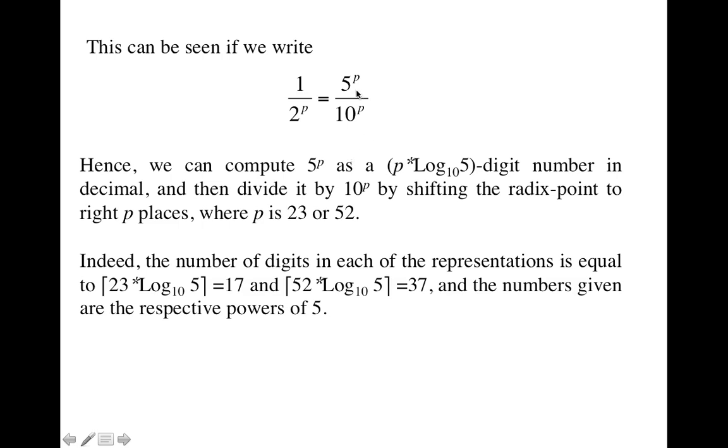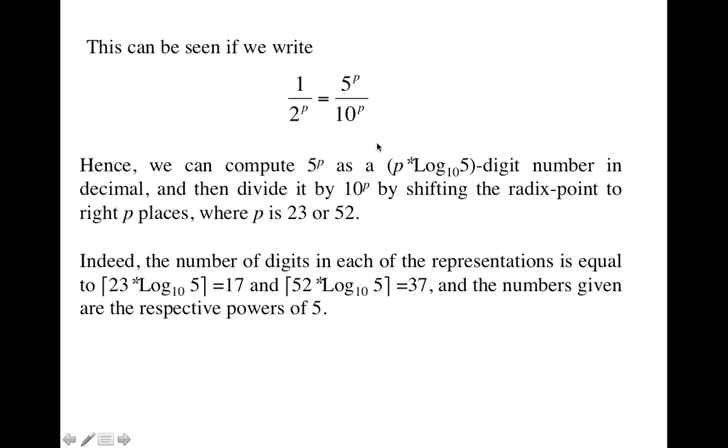So you can think of this 5 to the p in base 10 as if we just take the log of this number in base 10, you get to know how many digits it is going to have. So it's going to be p times log base 10 of 5. And then you will divide this by 10 to the p by shifting, like I said, the decimal point p places.